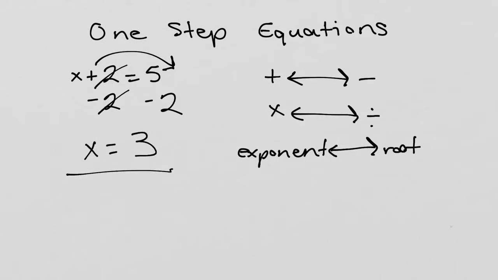Let's look at another example. 5a equals 35. Solve for a. Here again, we want to get rid of anything that is with the a. This means we have to get rid of the 5. So 5a is the same as 5 times a.